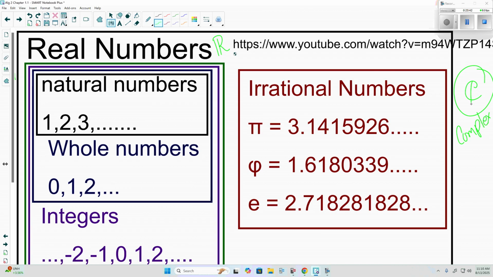That is a C with a line, and they come in the form of A plus BI. There are imaginary numbers. There are things such as non-real numbers. As crazy as that sounds, that is something we will actually talk about. You will solve and find solutions that are non-real answers.